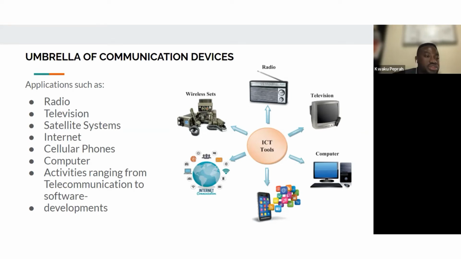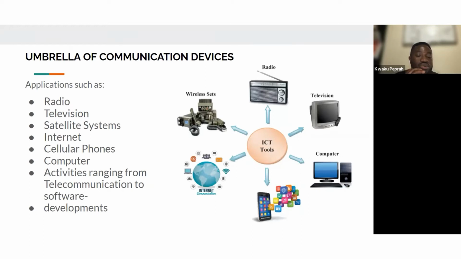And so as you can see here in the graphic, we have a radio, we have a television set, we have a computer, which is a system, and also a cellular phone, and also a system known as the internet, and also a wireless set, which are all medias of communication.